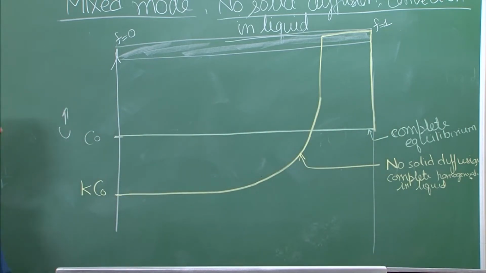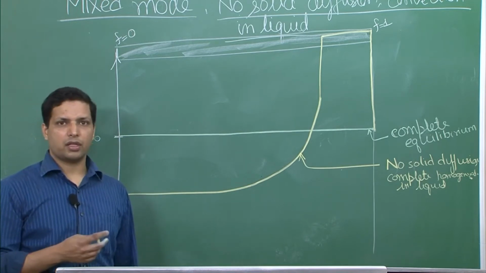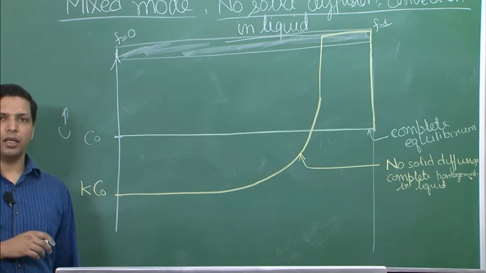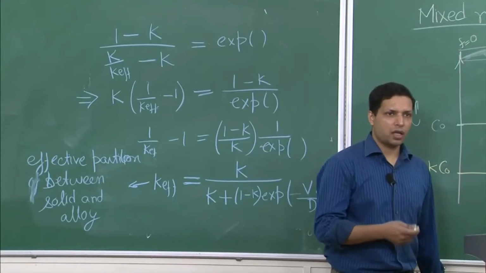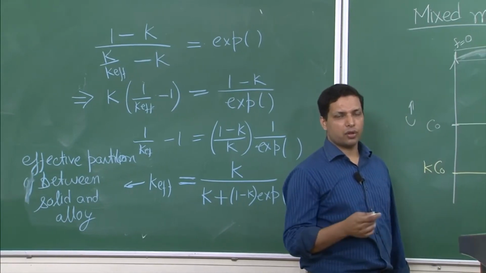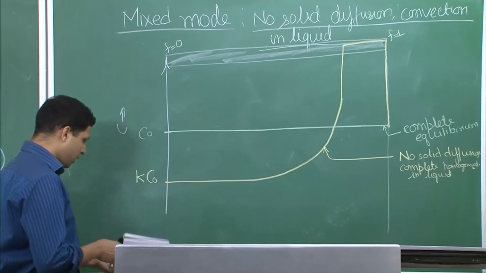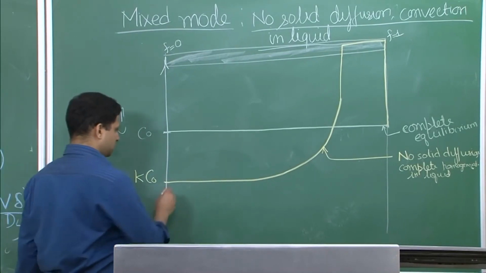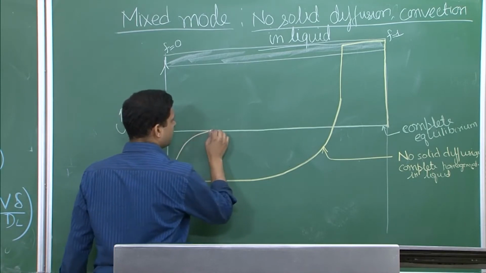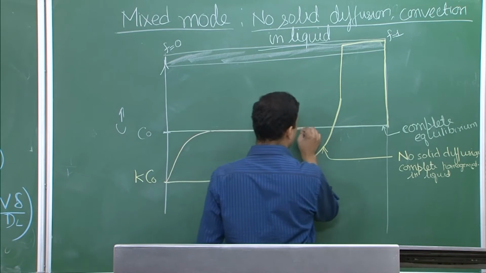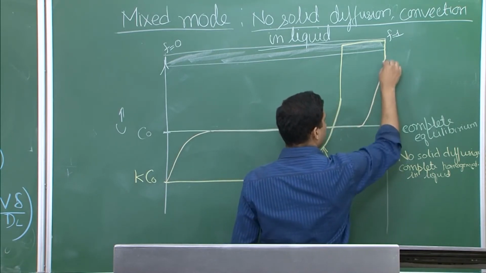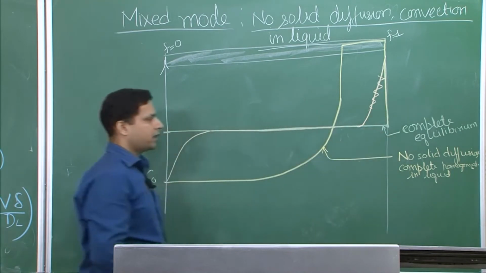Next, we described the condition where we had two different regimes. One was the steady state, one was the transient state, which was when we have no diffusion in solid and no forced convection in the liquid. So, what we get is only diffusion controlled flow of solutes into the liquid, and there, again we started with K naught C naught, there was an initial transient, and then over here you had a steady state, and then there was a final transient region.